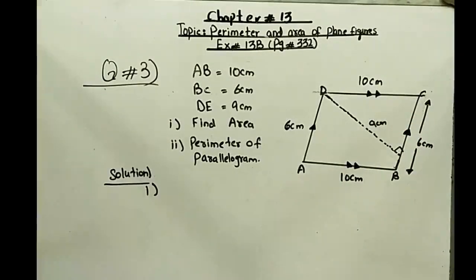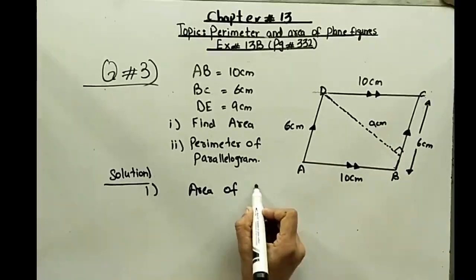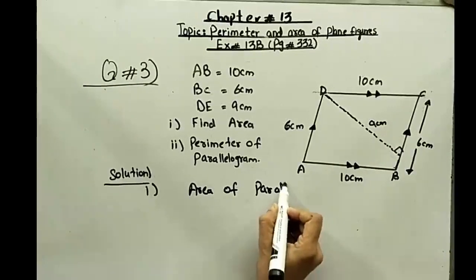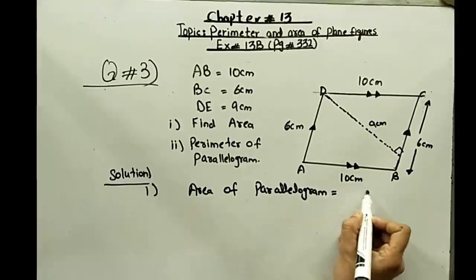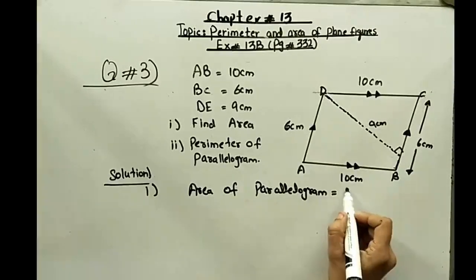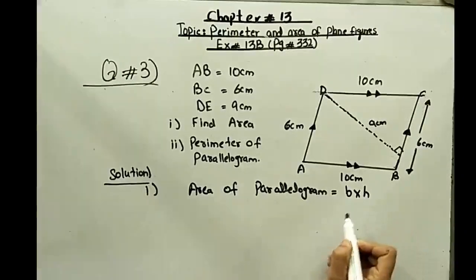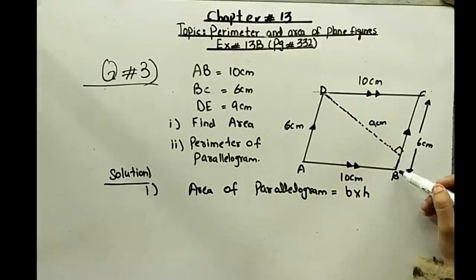Got it, beta? Okay. Now, as we know, the area of a parallelogram is equal to, what is the area of a parallelogram? Base multiply height. Fine. Okay, what is the base here? BC.